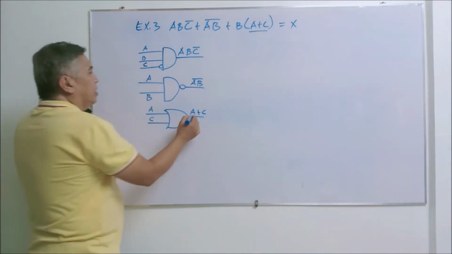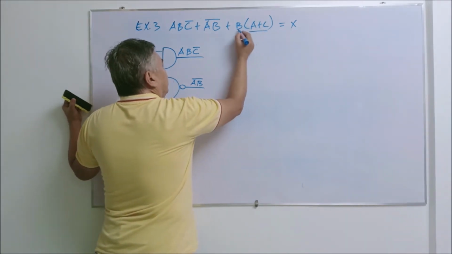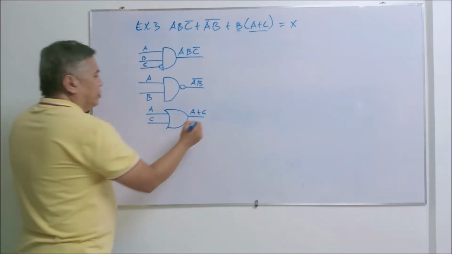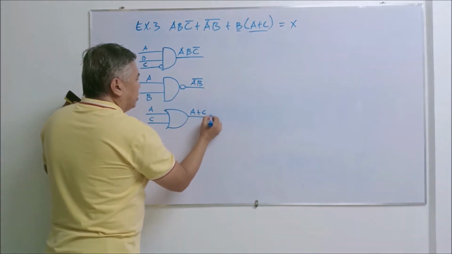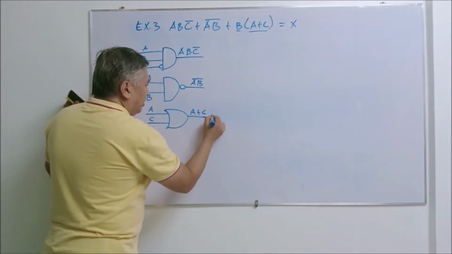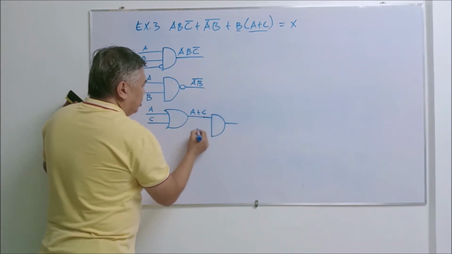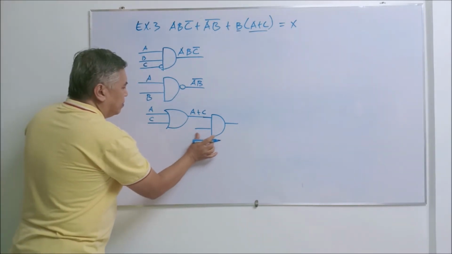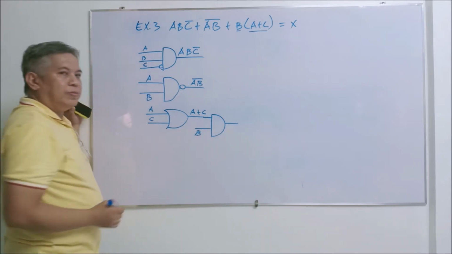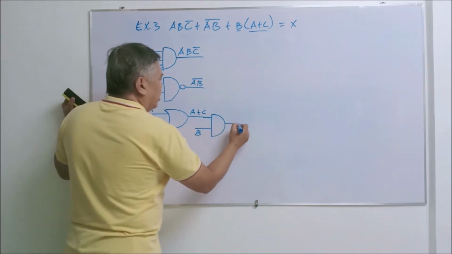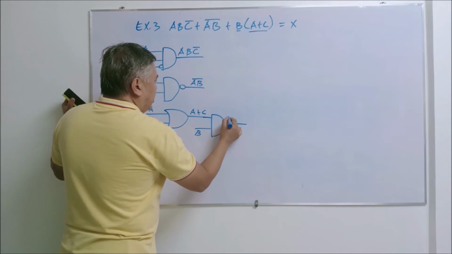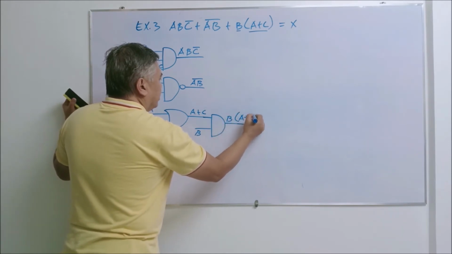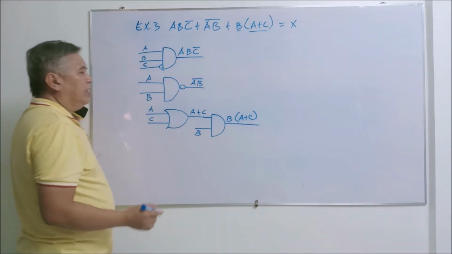And then this A or C is being multiplied or ANDed to B. So the output here A plus C is being ANDed to, I mean to B. Okay? So the output here will be B times A plus C. Okay?